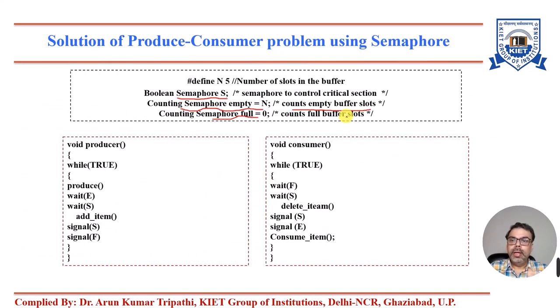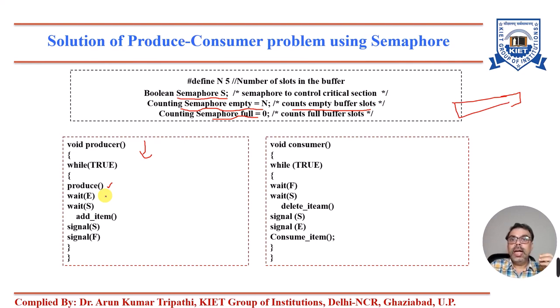So what will happen? Here the producer will produce an item. When the producer is going to produce an item, it will check whether there is any empty slot or not. So it will execute wait. The wait condition is basically used to decrement the value.